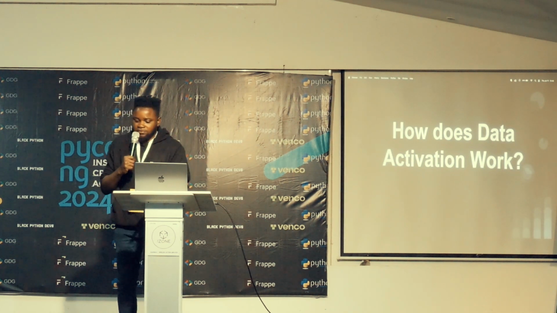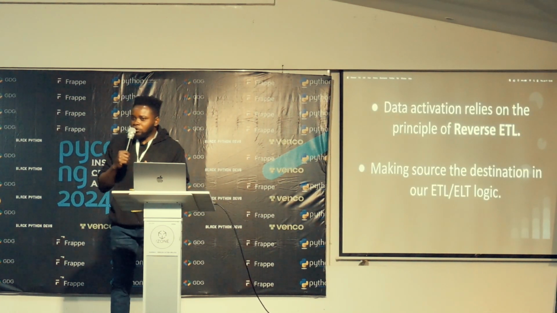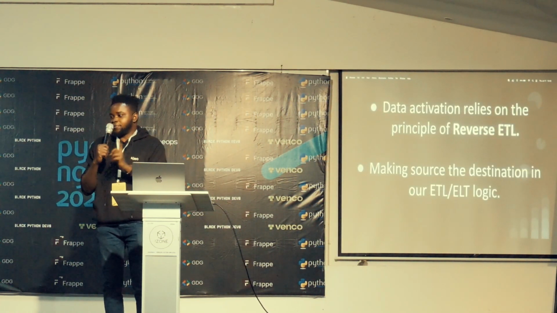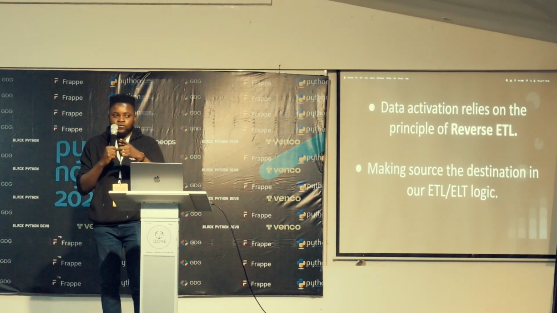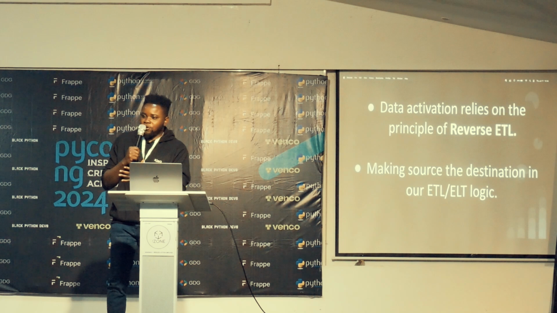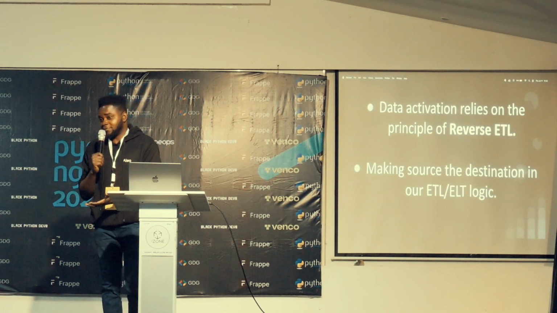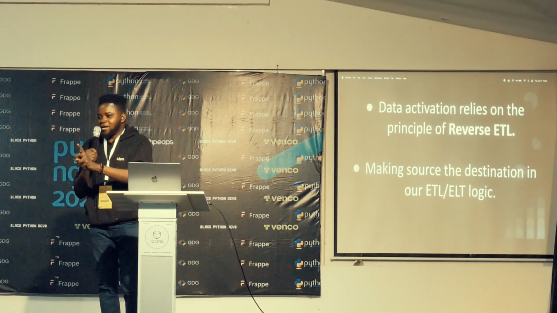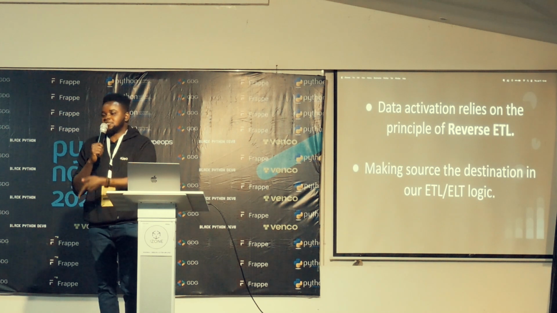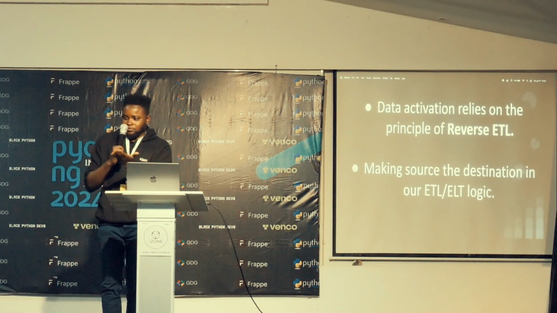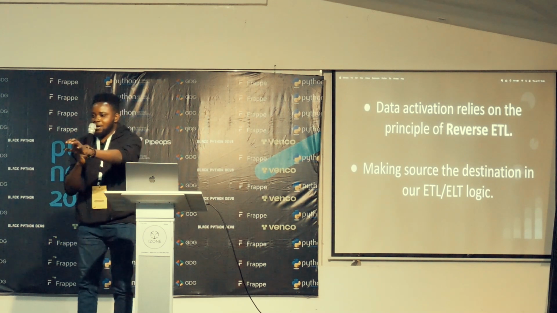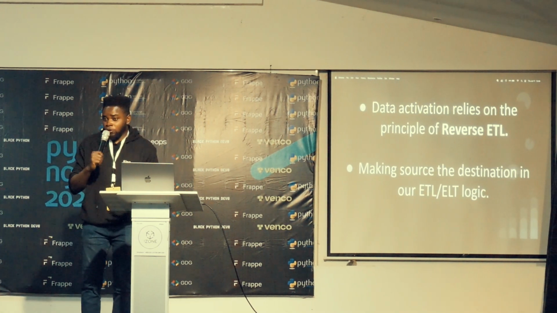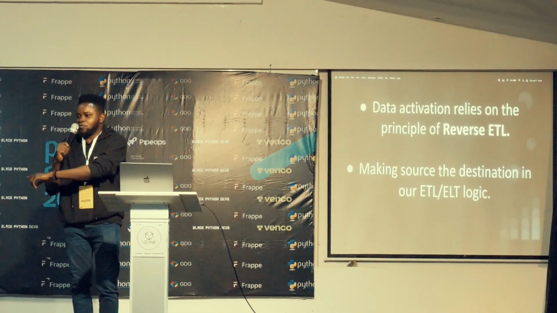So how does data activation work? It follows a single principle called reverse ETL. For those of you who are conversant with ETL, imagine you reverse that same ETL. Your ETL logic is you extract data from here, from here, from here, you pull all of that, and then you bring it into the warehouse.